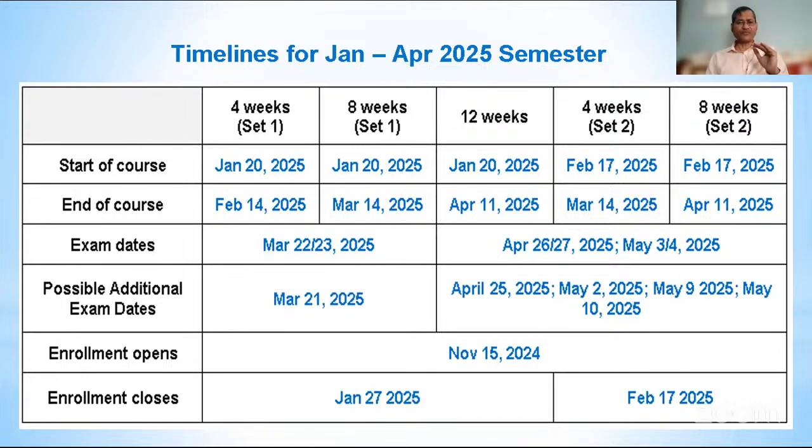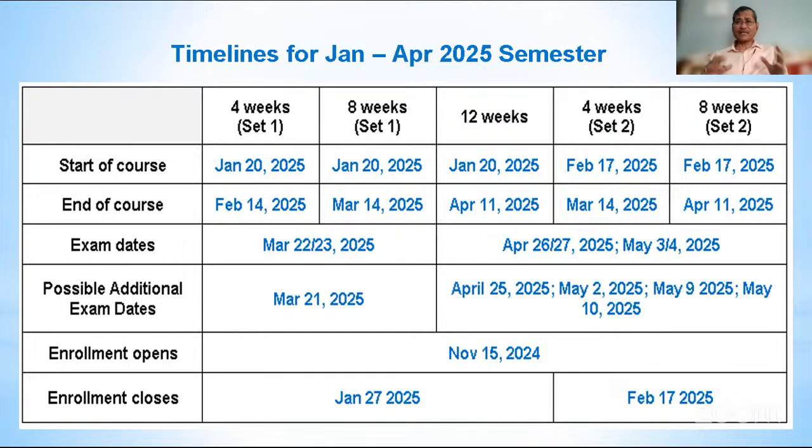The examination for the first set of 4 and 8 weeks will be conducted on 22nd and 23rd March 2025. For the remaining courses, whose enrollment started on January 20th or will start on 17th February, the examination will be conducted on 2 weekends: 26th and 27th April, and 3rd and 4th May.